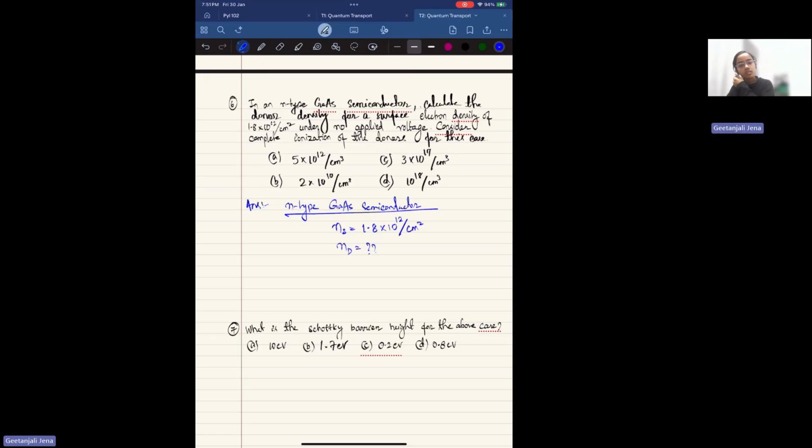If you recall, whenever we have complete ionization of donors and there is no applied voltage, we can write the surface electron density as the donor density Nd multiplied by the depletion length.